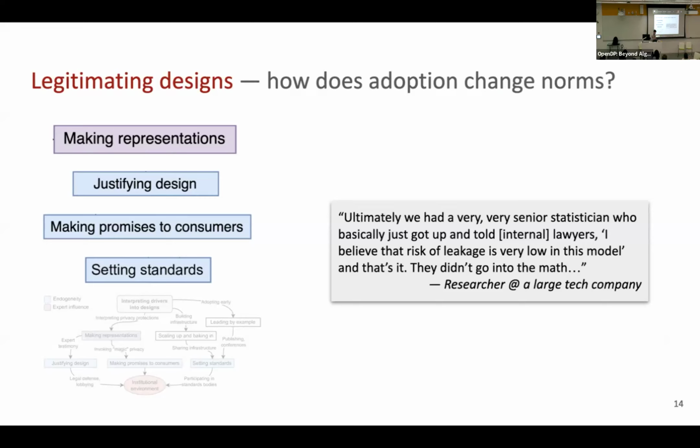And so you can imagine the first few implementations of differential privacy, of these other technologies, could end up setting a precedent for future regulations and future practices. And so I have these interesting quotes from some of the people we talked to, basically saying, the way that we justify these things is we have our statisticians stand up and say, yes, we think the risk is very low, good enough.